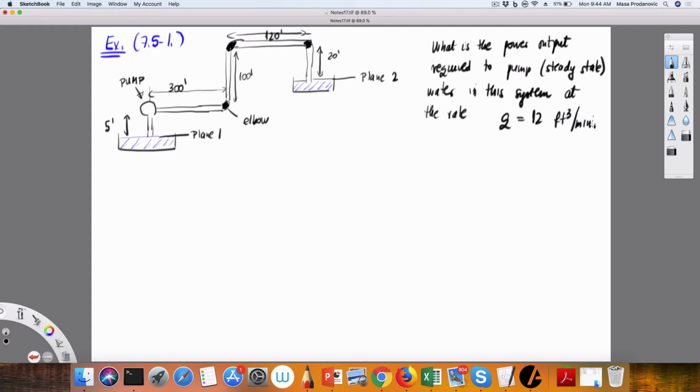This is a typical question. Put together a system. What do I need to pump it? And here are the parameters.